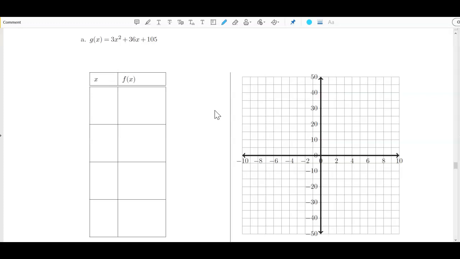I'm going to be putting something else on Canvas, and it's kind of like this factor flow chart. I found that it helps a lot of students, so I want to go over that with you. It's not an assignment or anything.